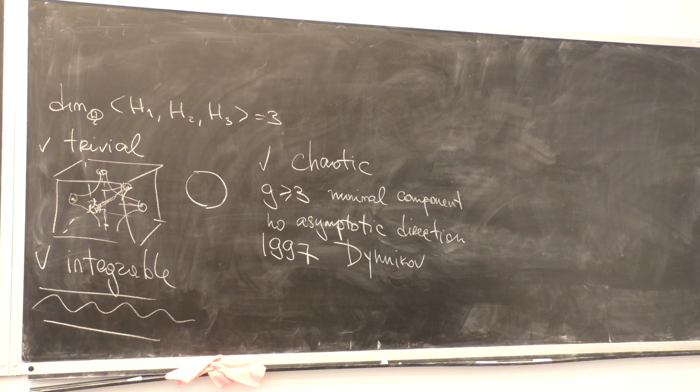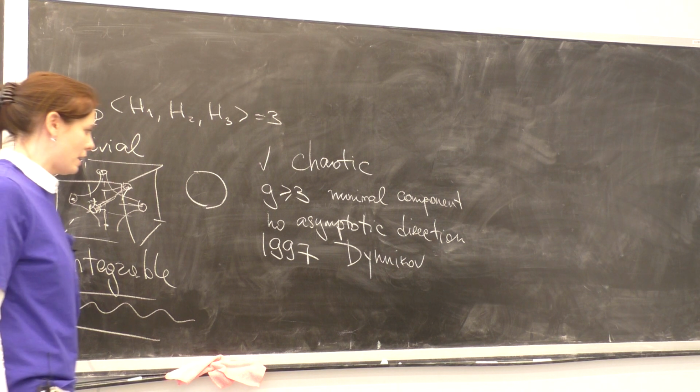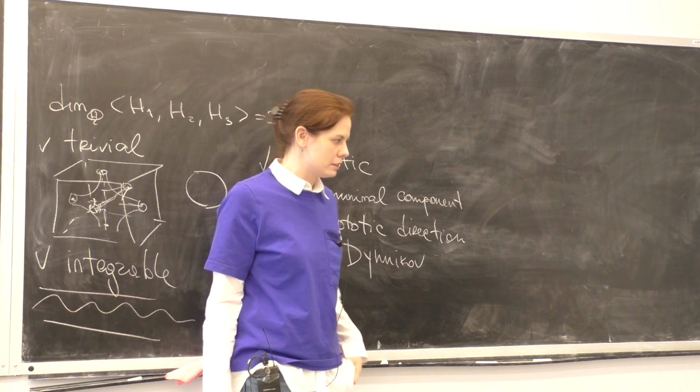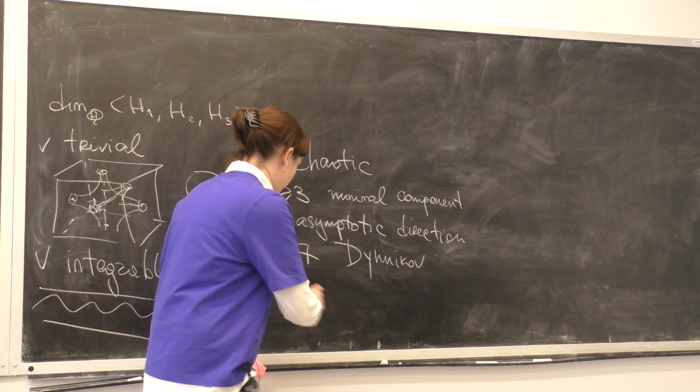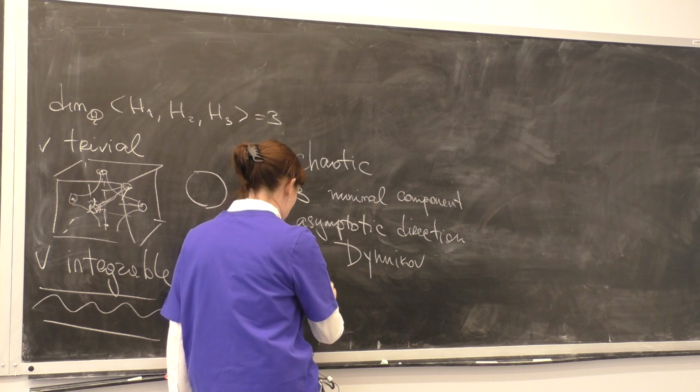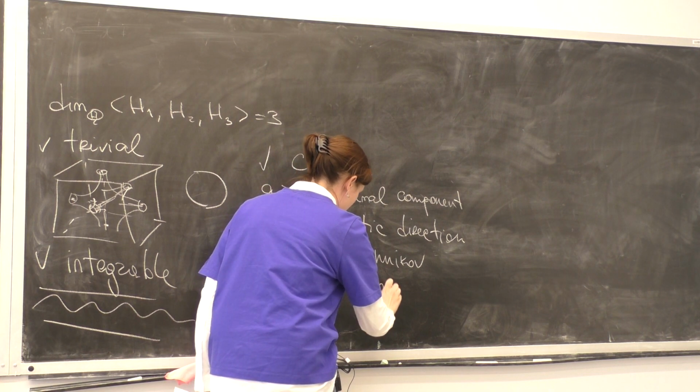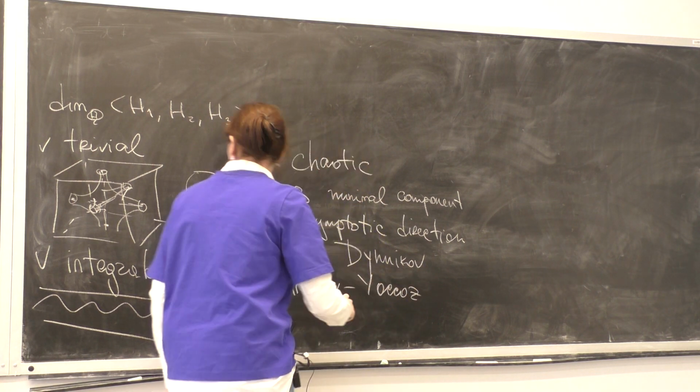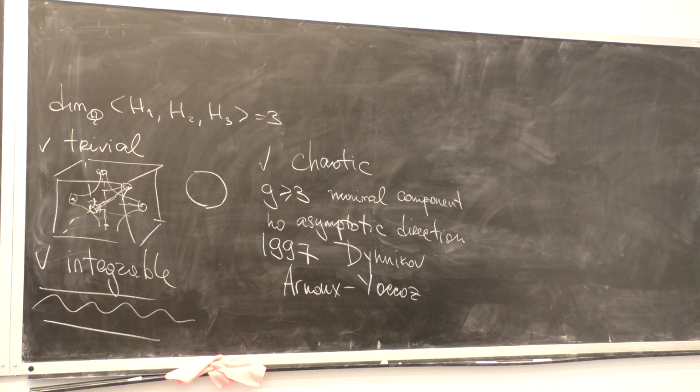I will tell more details in a few minutes, but apparently a very famous object, which is called the Arnoux-Yoccoz diffeomorphism, was constructed exactly the same year as Novikov described his problem, but in French. And this example serves very well as an example of a chaotic measured foliation on a surface.